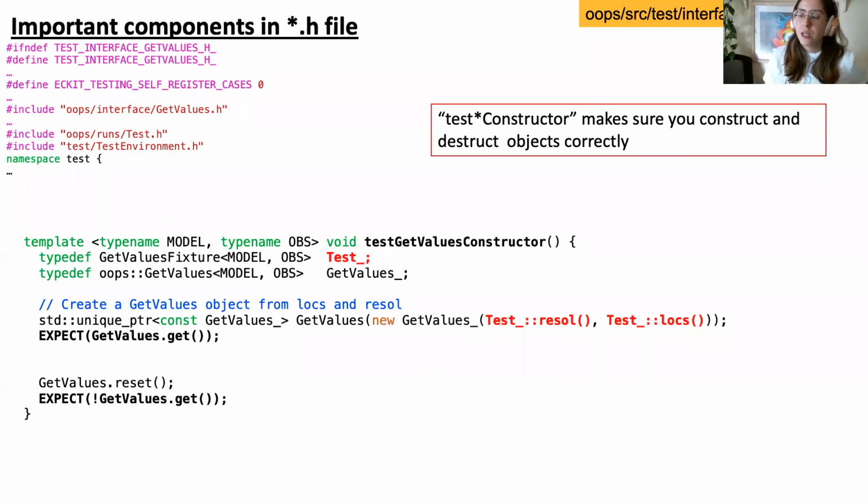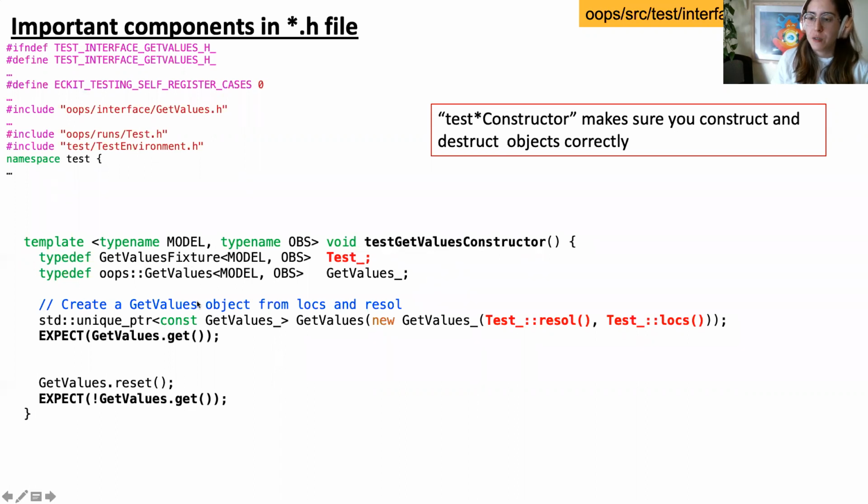Another kind of class that you will usually see in header files is the constructors. Test constructors make sure that you are constructing and destructing the objects correctly. Here we are looking at the test getValues constructor, and you can see that we are using the getValueFixture class that we defined earlier.